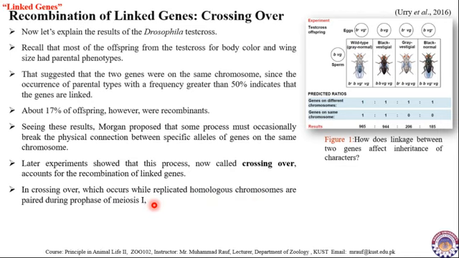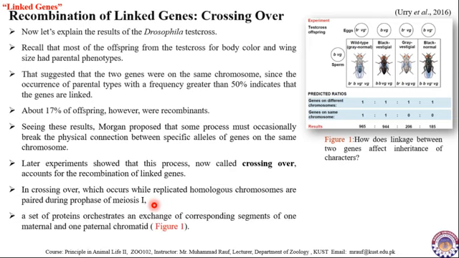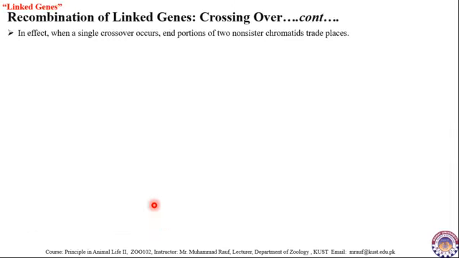You already know the process in which the homologous chromosomes align with each other, gene to gene, end to end, through the synaptonemal complex, and then they exchange segments with each other. In effect, when a single crossover occurs, the end portions of two non-sister chromatids change places with each other.